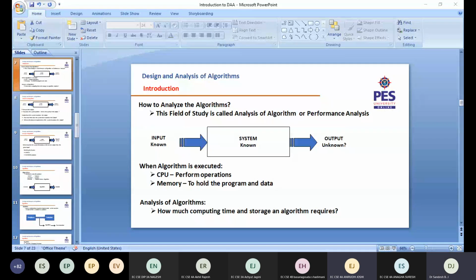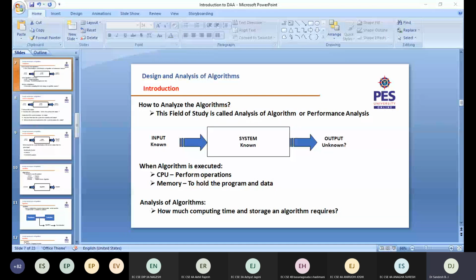So let me give you a brief introduction about this course, design and analysis of algorithms. There are two main words in this: designing an algorithm and doing the analysis on these algorithms. Given a problem, you have designed an algorithm, and you know the system. You know what kind of input needs to be given to this algorithm for execution.